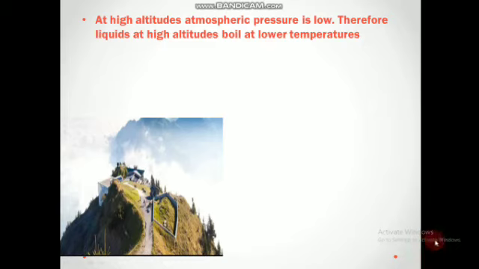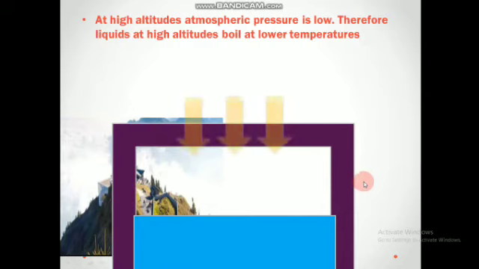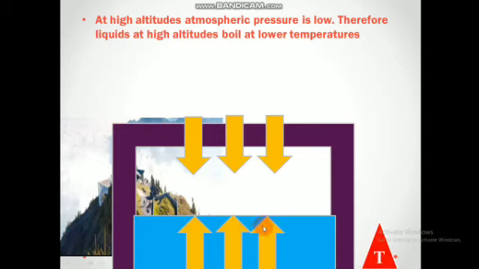At higher altitudes, atmospheric pressure is low. That is a known fact. At higher altitudes, we have experienced lesser pressure. So when the pressure is low, the liquids boil at lower temperatures. Why is that? When the atmospheric pressure applied at higher altitude is low, the liquid needs just lesser pressure to cover up this, so the temperature needed also will be lesser.